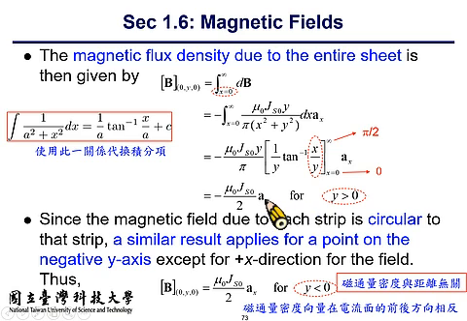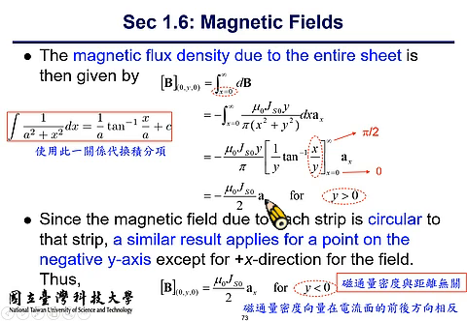The total magnetic flux density is minus mu sub 0 J sub S0 divided by 2, and the direction is ax. Well, in fact, the direction is minus ax for observation points with y greater than 0.